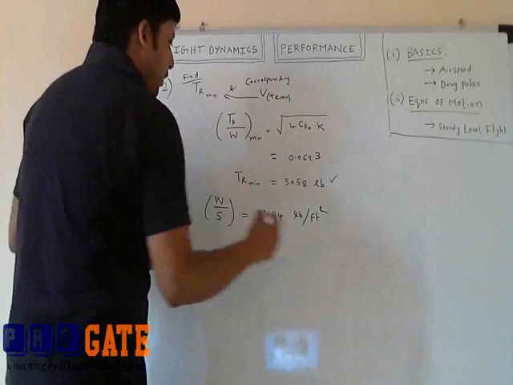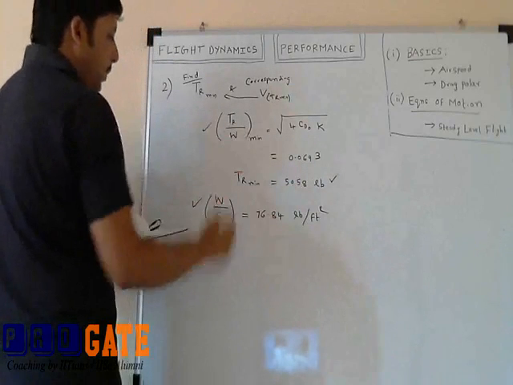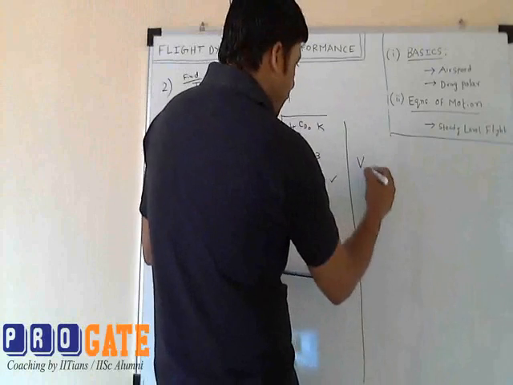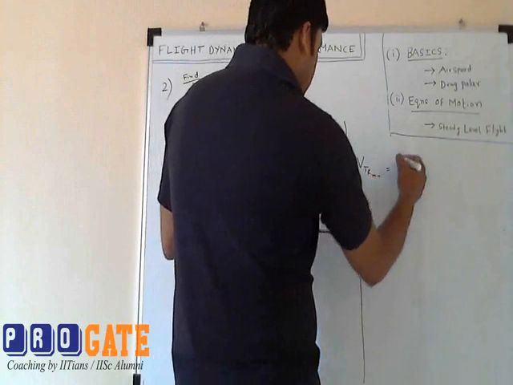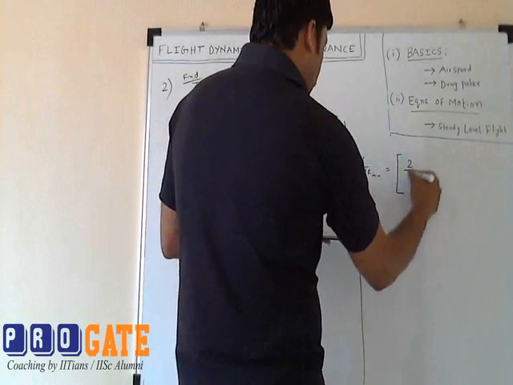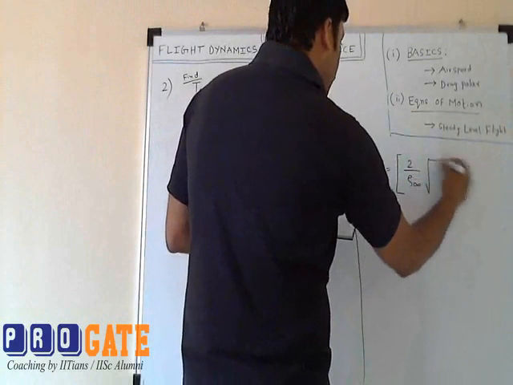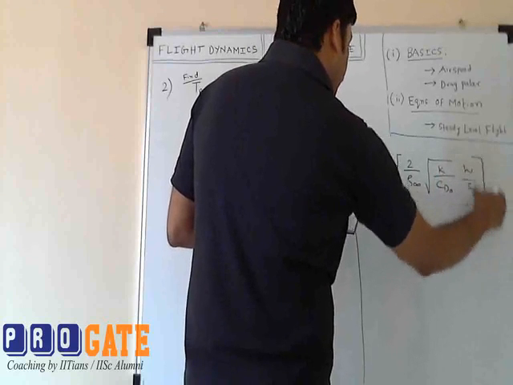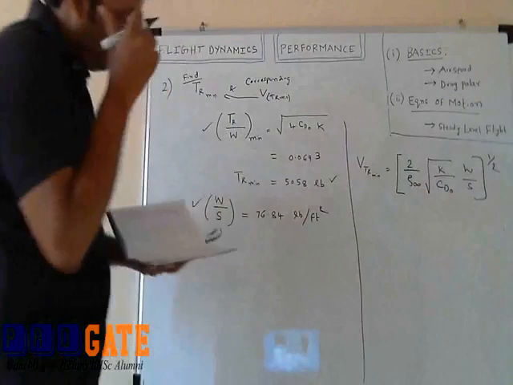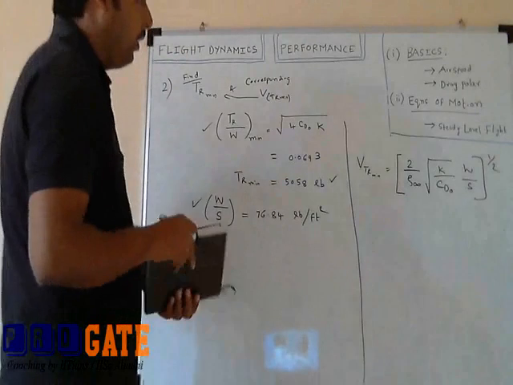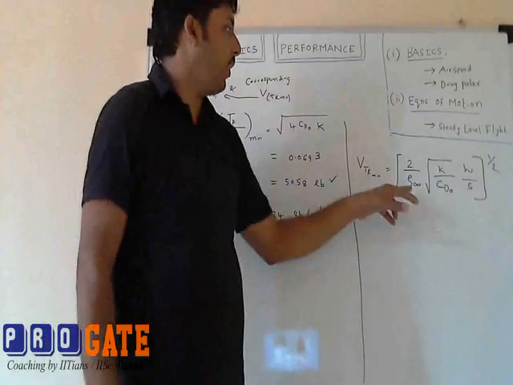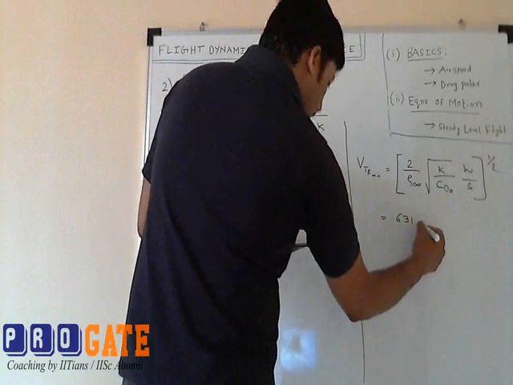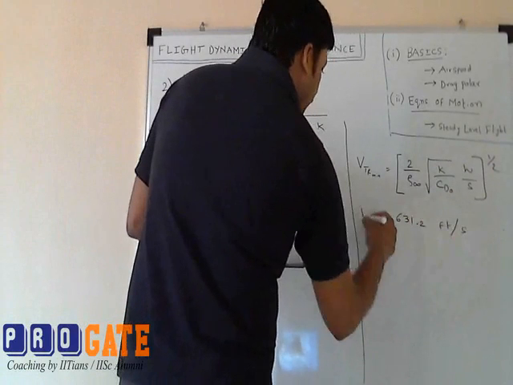So we know TR min, or in fact TR by W and W by S. And the relation is V TR min is, now we know the wing loading, we know K, CD naught and rho infinity. Using that we get 631 feet per second.